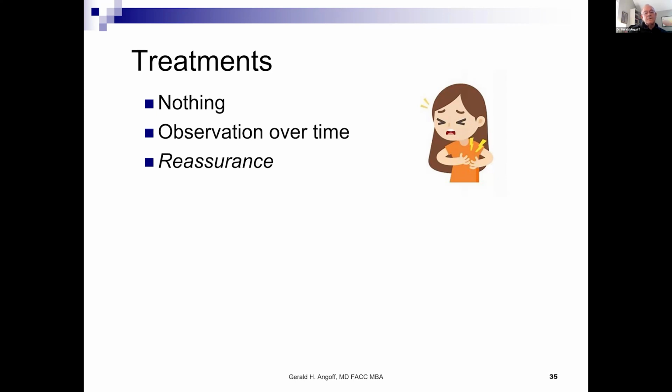Reassurance is a big part of it, to be able to discuss with patient and family that chest discomfort, as I've developed, is rarely due to a cardiac cause. And not only are the causes that are identified likely to resolve, but they don't represent a risk or a danger.